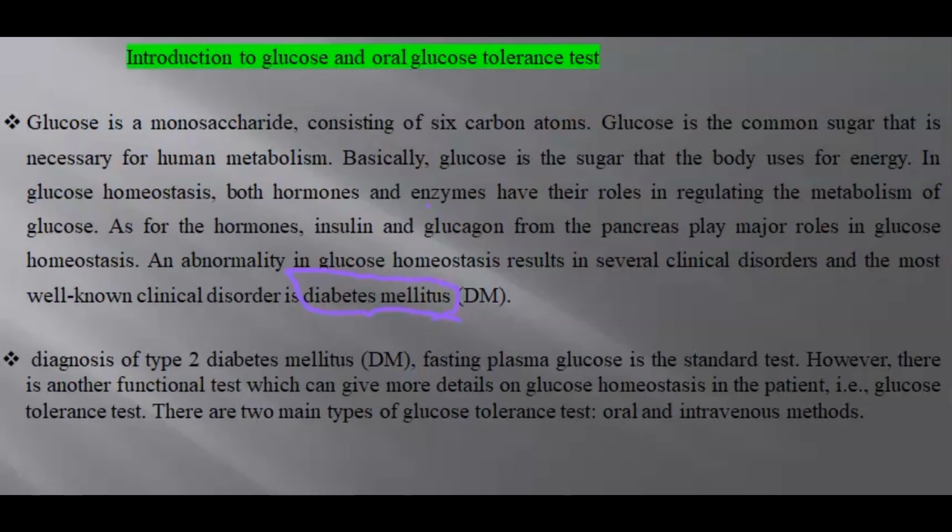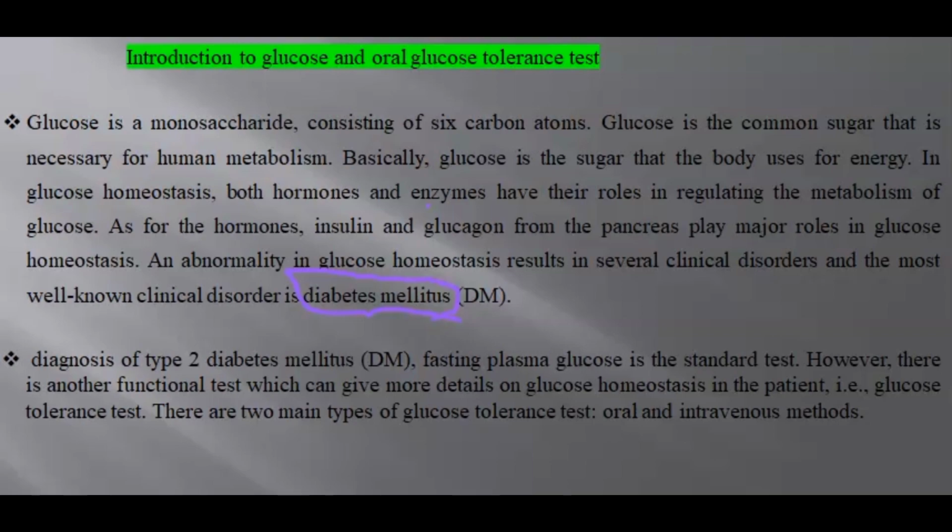But in the case of the oral glucose tolerance test, the fasting blood glucose standard test still needs to be proved. So to prove the result, we need to carry out a further test.